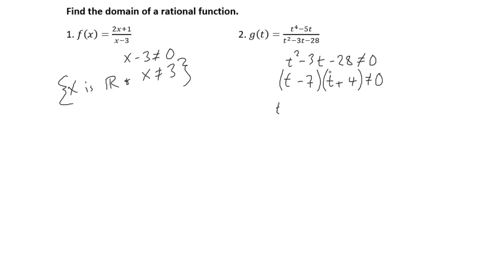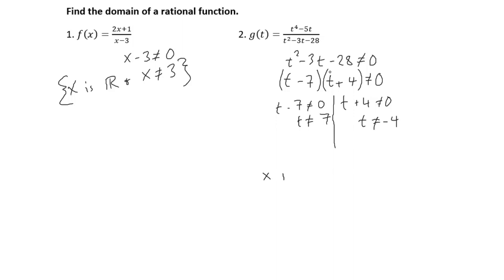So let's go ahead and set each one of those. t minus 7 and t plus 4. And we get t cannot be 7 and t cannot be negative 4.